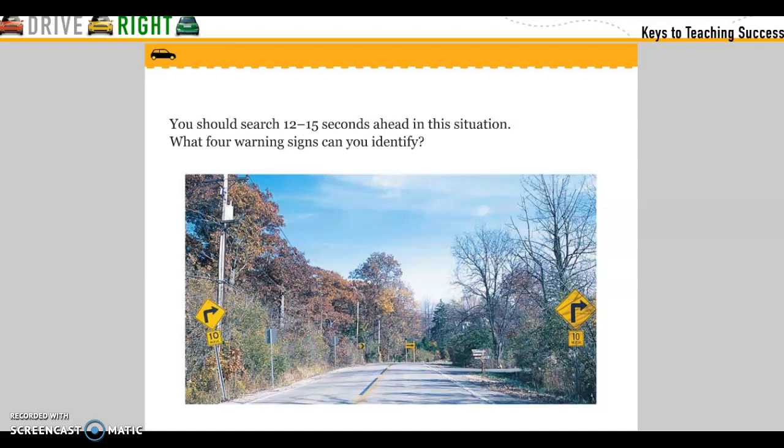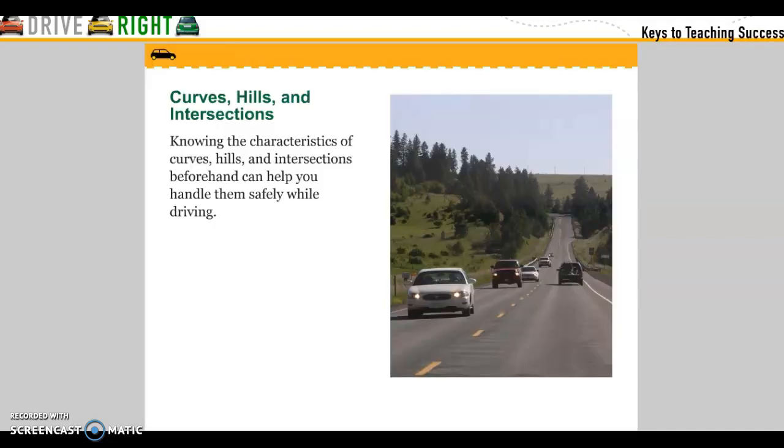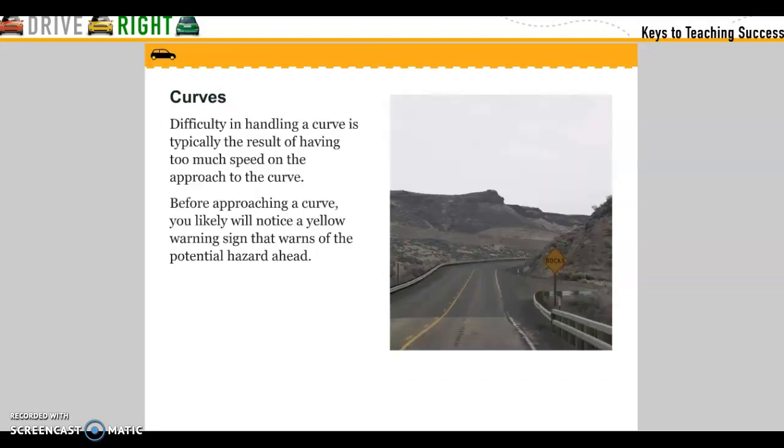What forewarning signs can you identify? Curves, hills, and intersections. Knowing the characteristics of curves, hills, and intersections beforehand can help you handle them safely when driving. Curves. Difficulty in handling a curve is typically the result of having too much speed on the approaching curve.